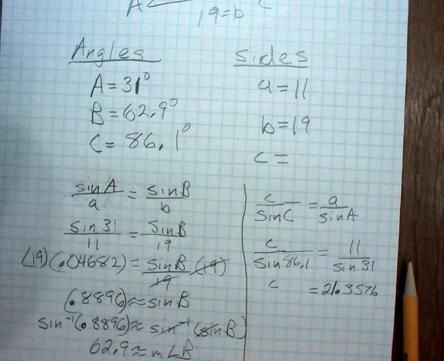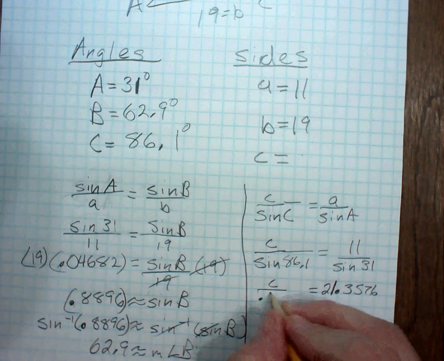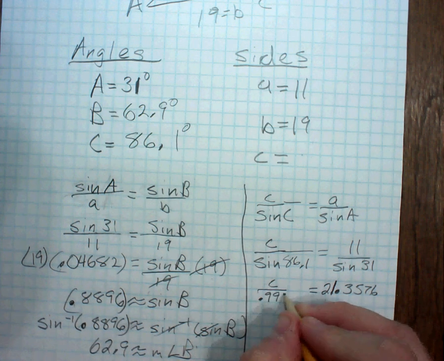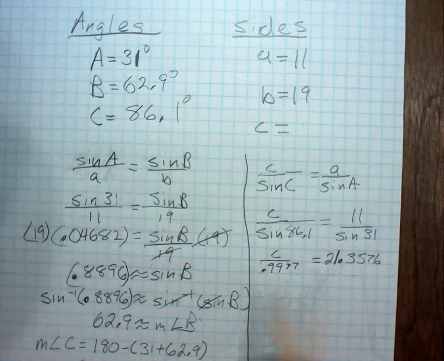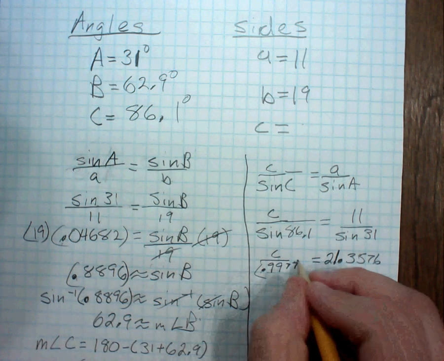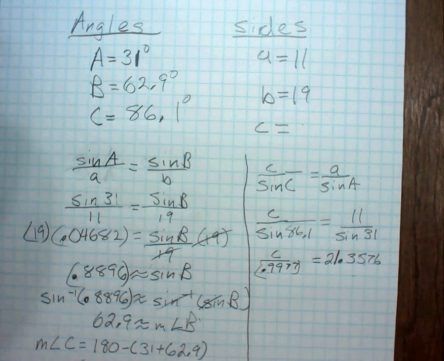So sine of 86.1 degrees is equal to 0.9977. Now I'm not going to have room to write it down on my piece of paper, but I'm going to multiply both sides by this number here, and it will cancel here, and then 21.3576 times this 0.9977 number.